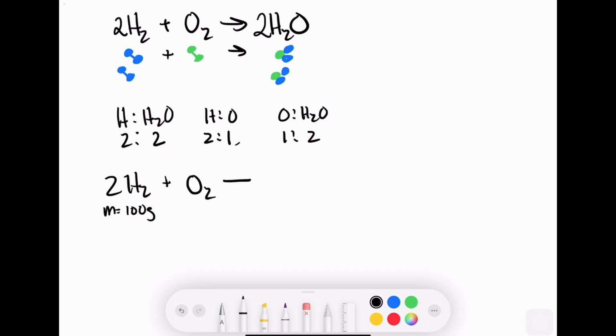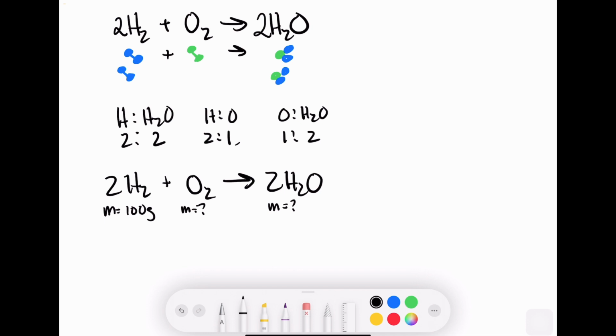Plus O2, make 2H2O. This, I don't know the mass of, but that's the question I've been asked. How much water are we going to make, and how much oxygen are we going to use from the air? And the first question is, how much water are we going to make? And so this ratio and the diagram above them are going to help us.